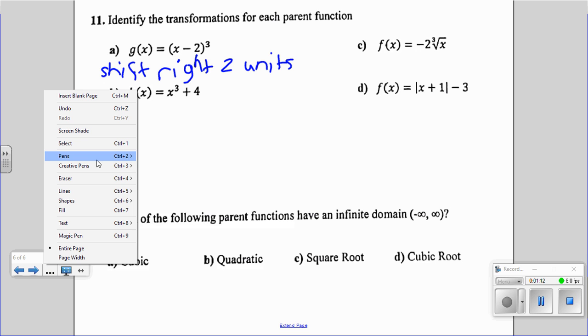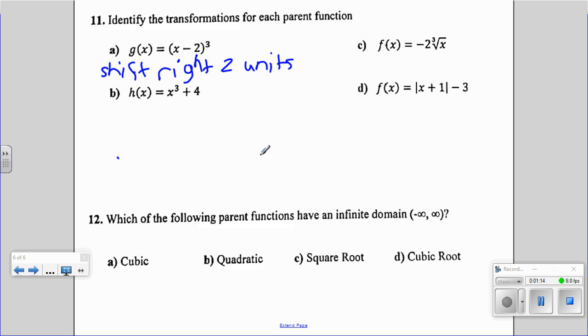Let's look at C. We have a negative out in front of the symbol. So when the negative is in front of the symbol, that's a reflection across the x-axis.